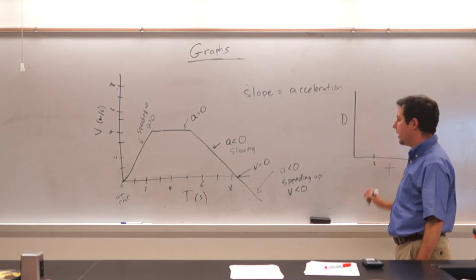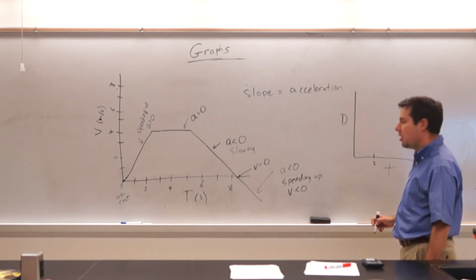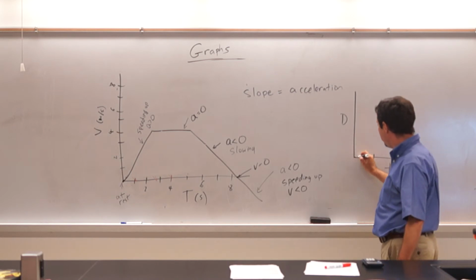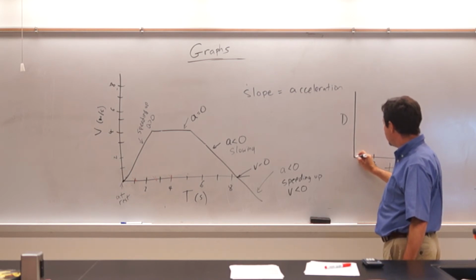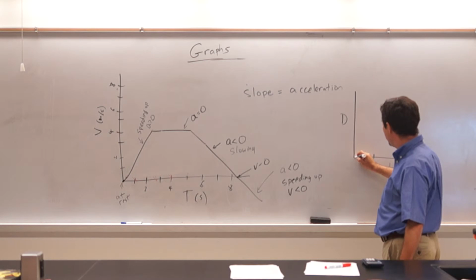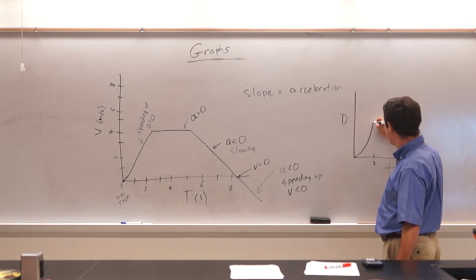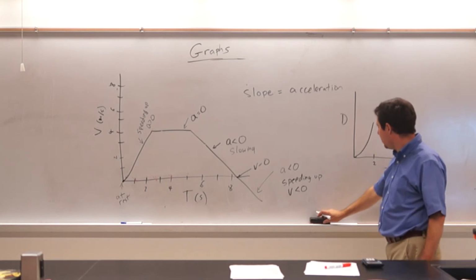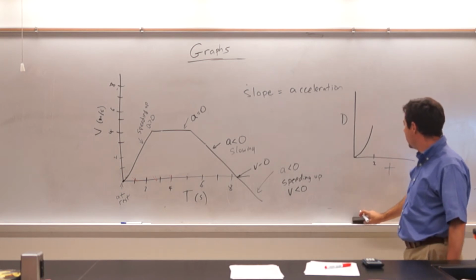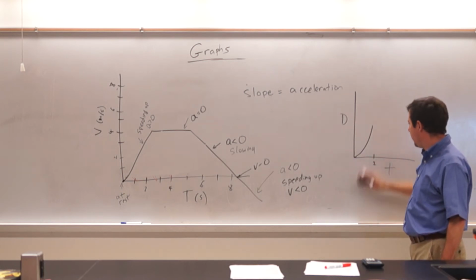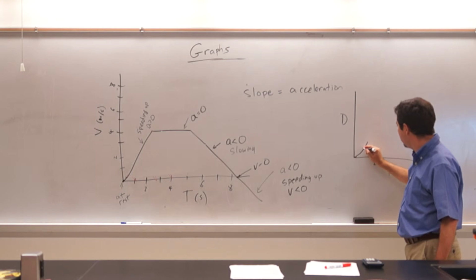For the first 2 seconds, it's speeding up, right? Well, when an object's speeding up, what you find is that the distance is increasing, but it's increasing exponentially. So it looks a little bit like that. Right? So you get a sort of exponential curve. I'm going to flatten that up just a little bit.